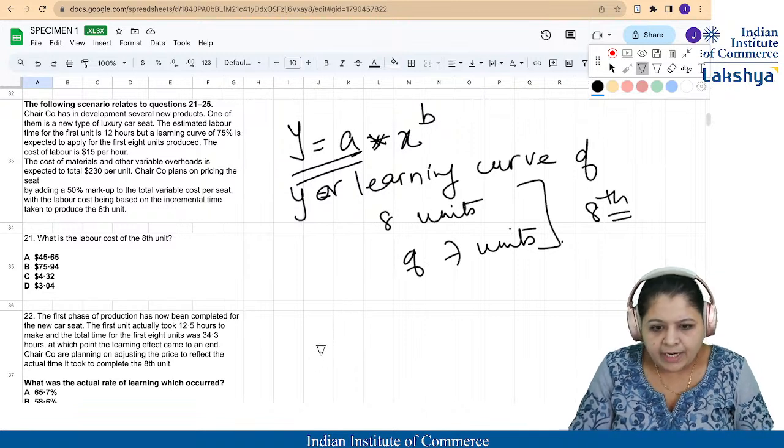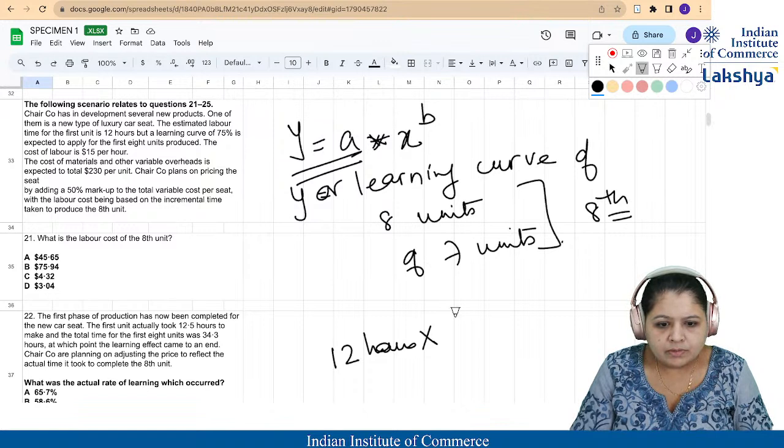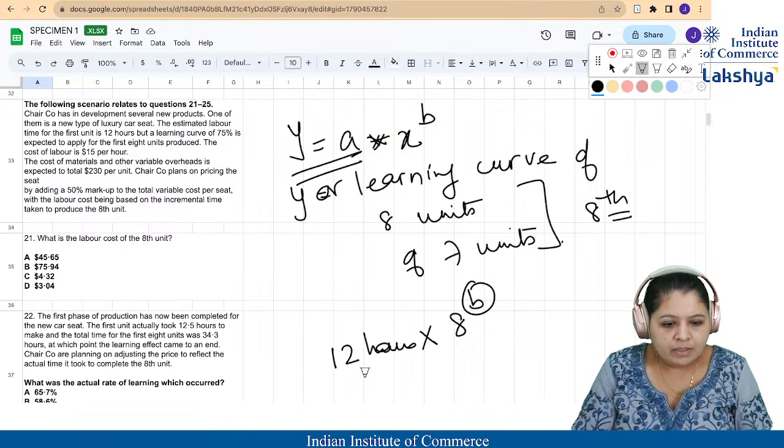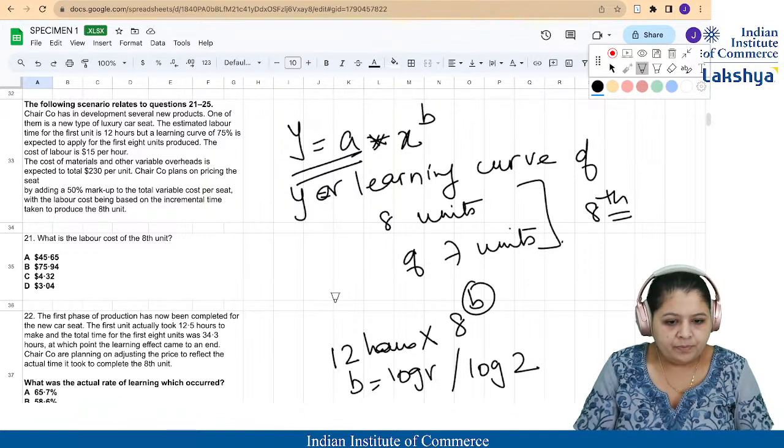So finding out the 8 ones, if you see 12 hours are taken, right? So 12 hours into 8 units raised to b, right? Now what is b here? B is log r divided by log 2.